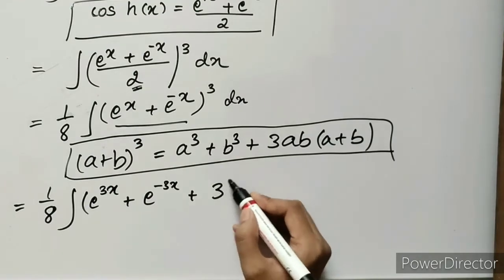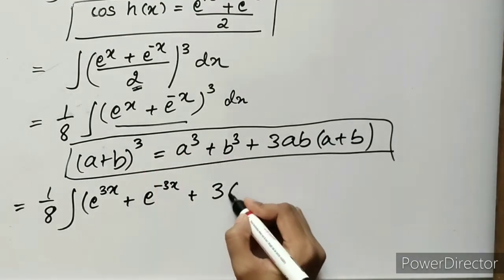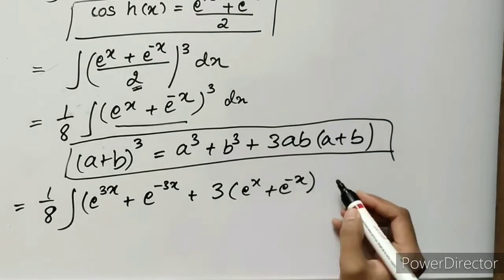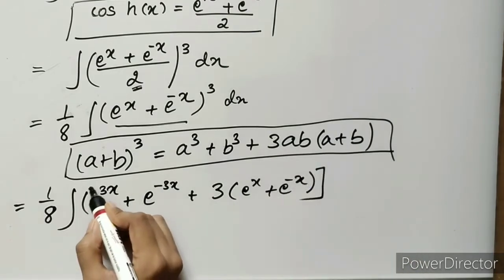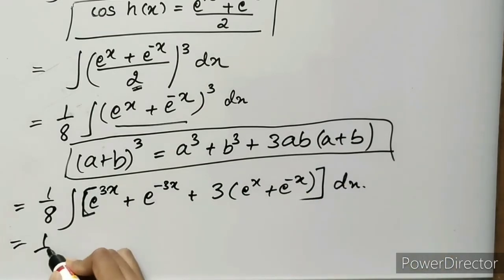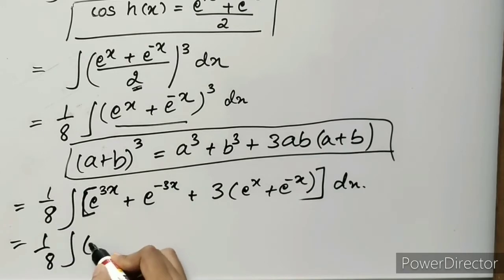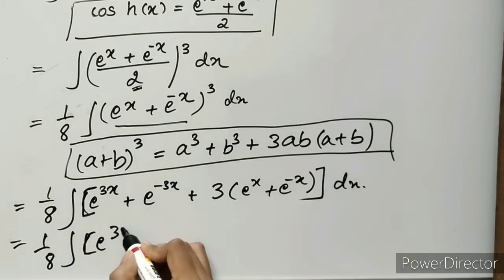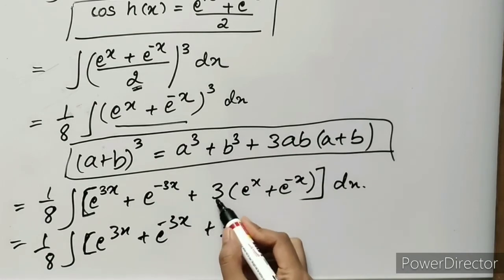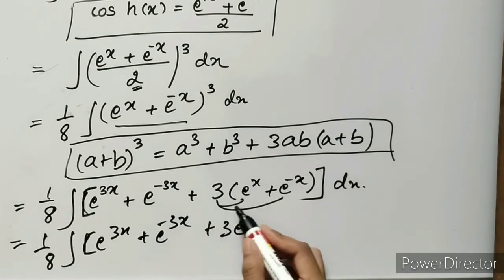So we will put it as 1, and a plus b, that is e to the power x plus e to the power minus x, and the whole integration, 1 by 8. We'll just multiply and open the brackets.